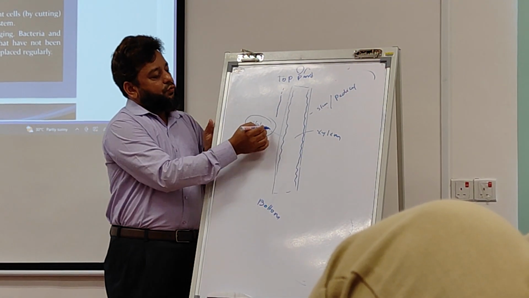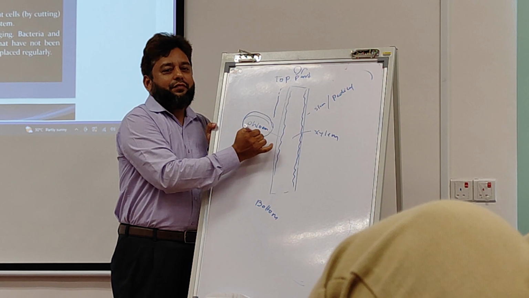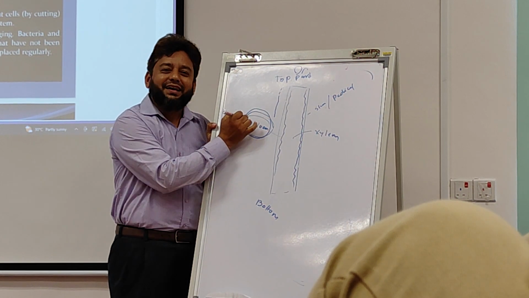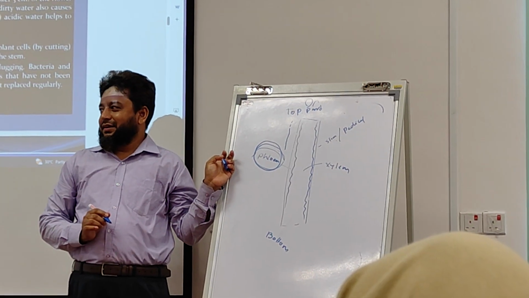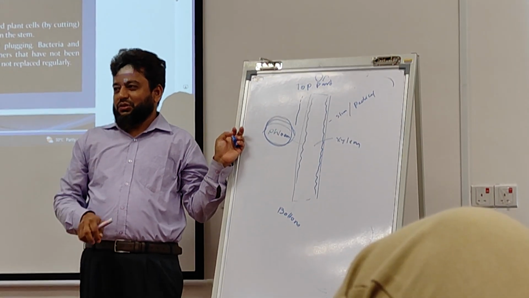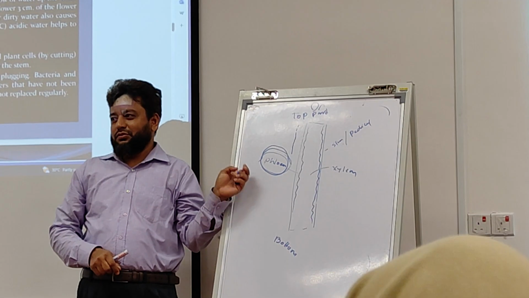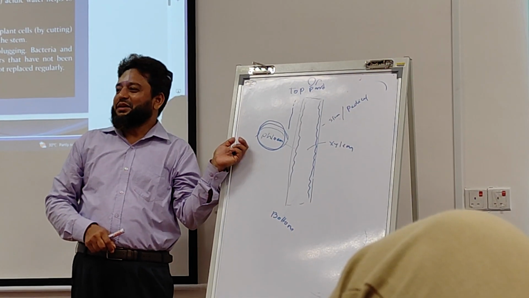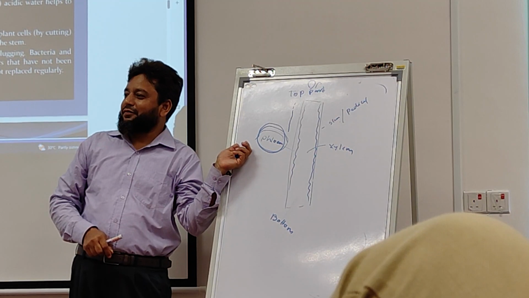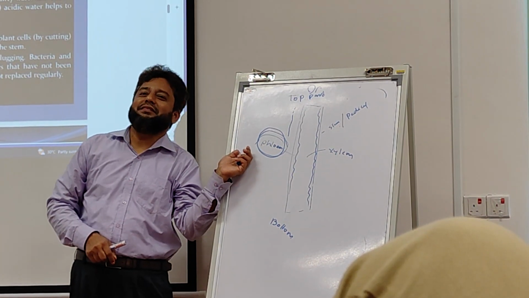So in the phloem, how many types of cell are there? I think you know, right? In the phloem tissue, how many types of cell? Anyone?